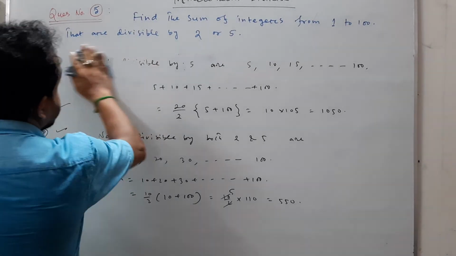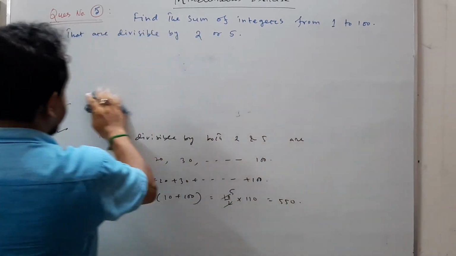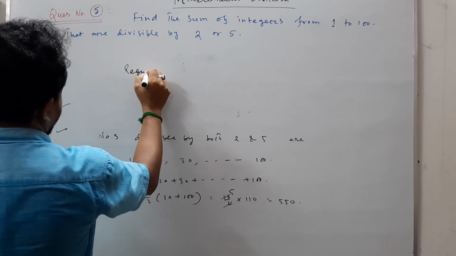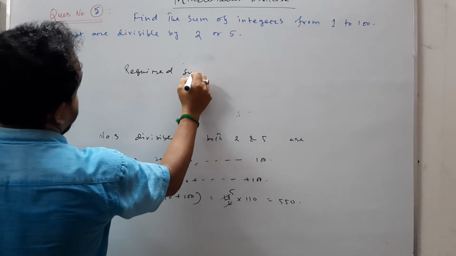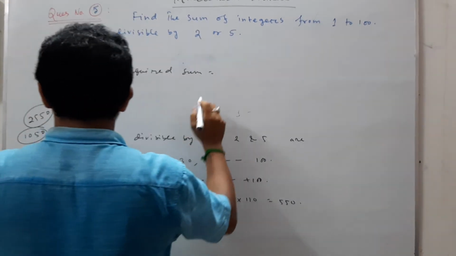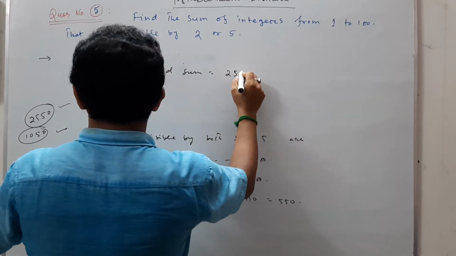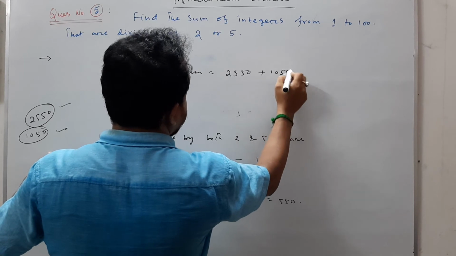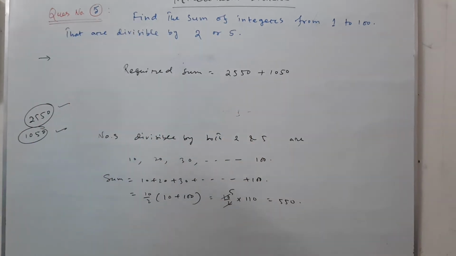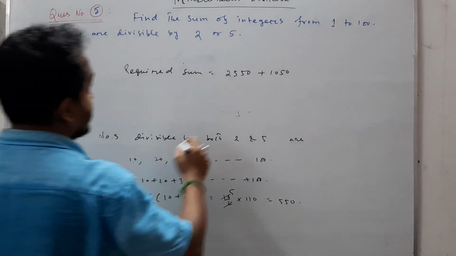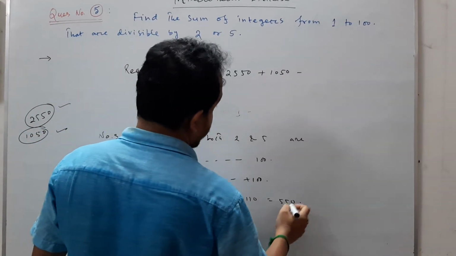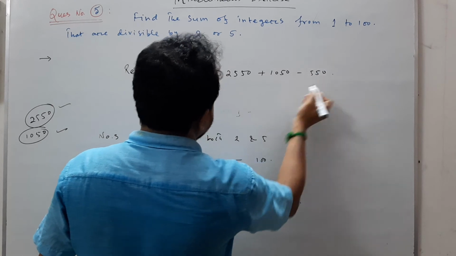The required sum is 2550 plus 1050 minus 550.